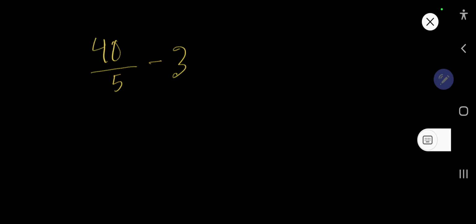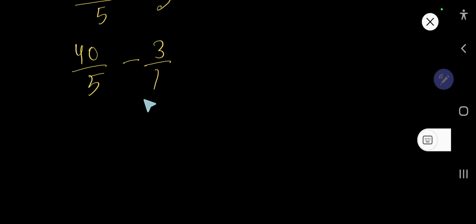So now consider this example, and we would like to do subtraction here. So how to do that? We have to do the same procedure. Express this whole number as a fraction, then you need the same denominator.